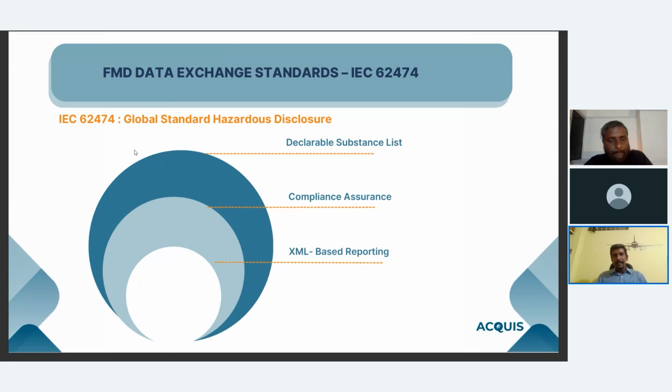A couple more things I can touch upon on IEC. There is the reference substance list. Other than the declarable substance list, there is a reference substance list built by IEC, which includes an indicative list of substances that are included within a substance group.